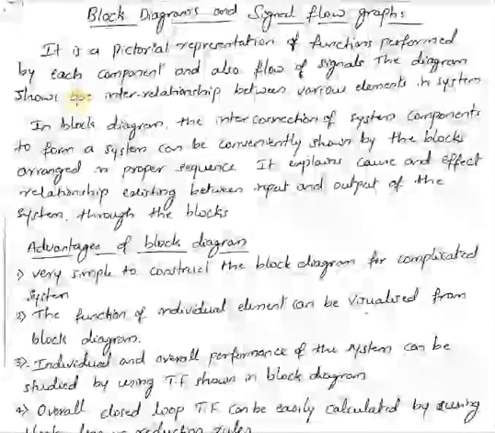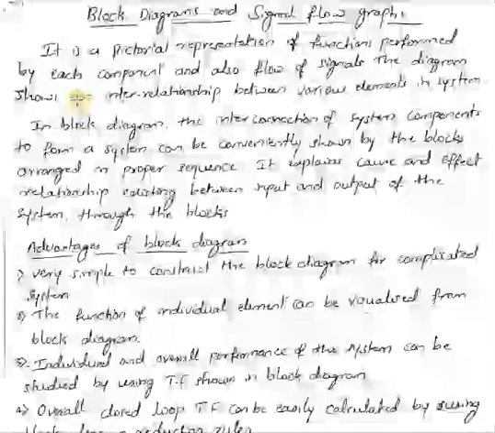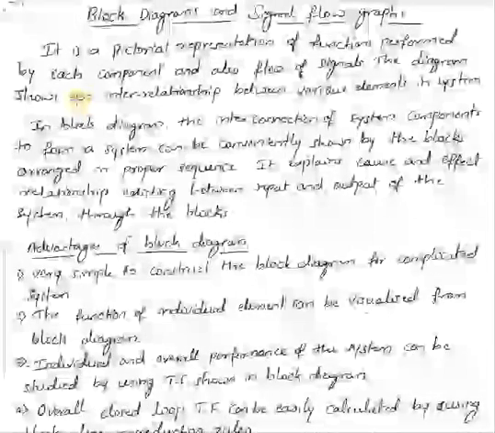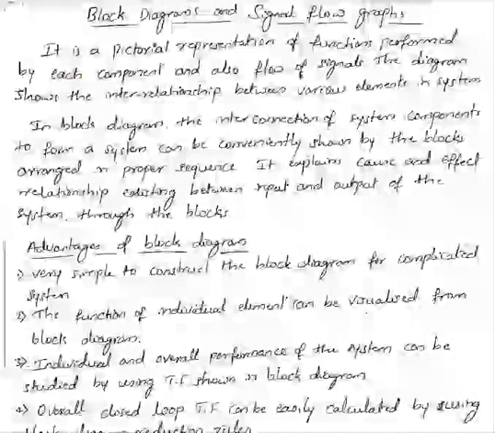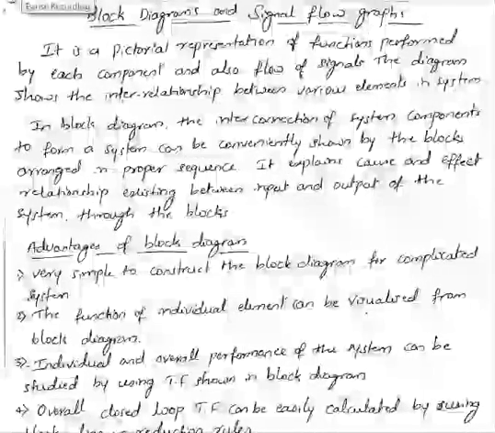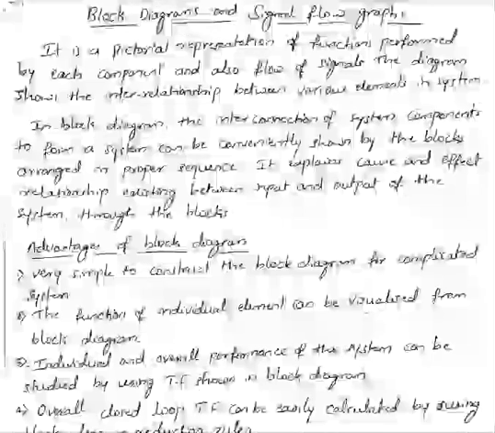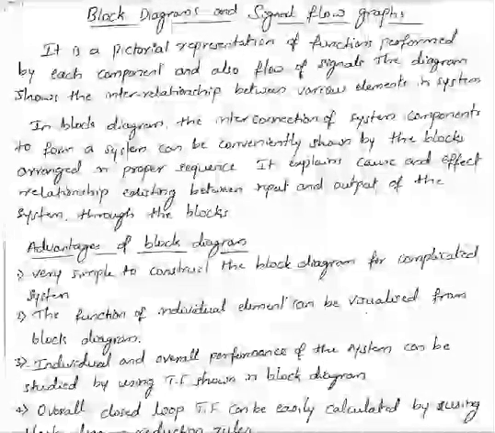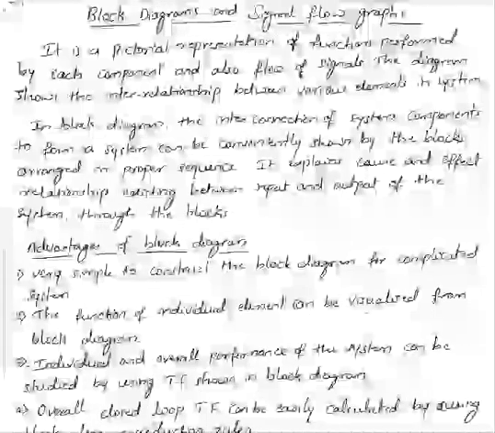So the basic definition is, it is a pictorial representation of the functions performed by each component and also the flow of signals. The diagram shows the interrelationship between various elements in the system. So basically, if you take a system, it is made up of several elements, right?